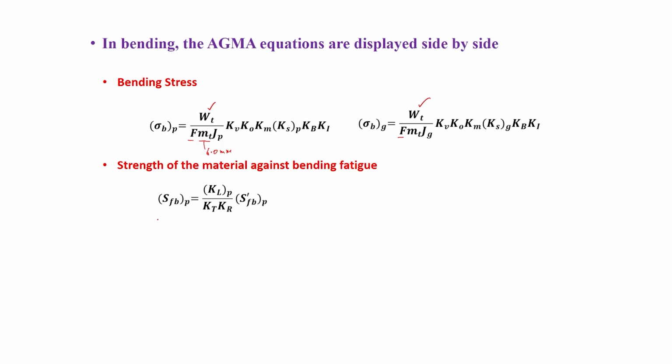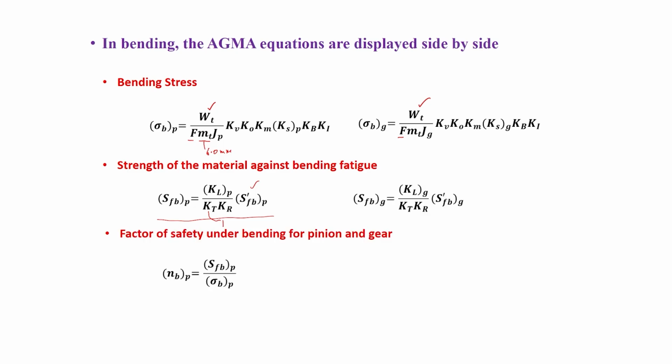For the strength, we have to find the bending fatigue strength from the AGMA materials data, and then correct it for our life, so we will determine the life factor, the temperature factor and the reliability factor, because the reliability required is other than 99% and the life required is other than 10 to the power 7 cycles. But the temperature is less than 120 degrees centigrade, and so it will become equal to 1.